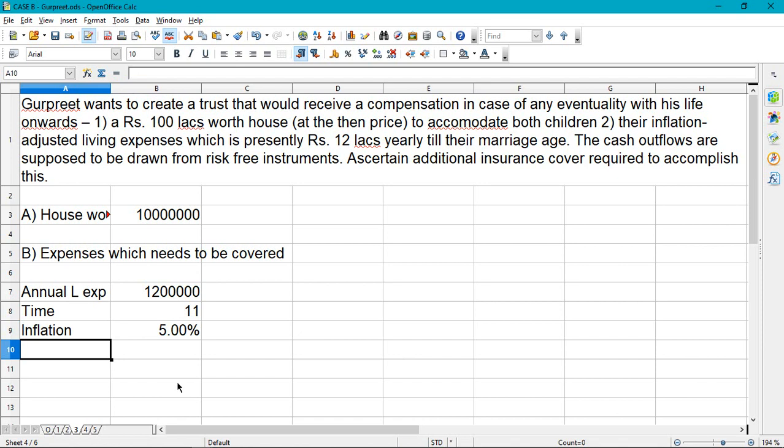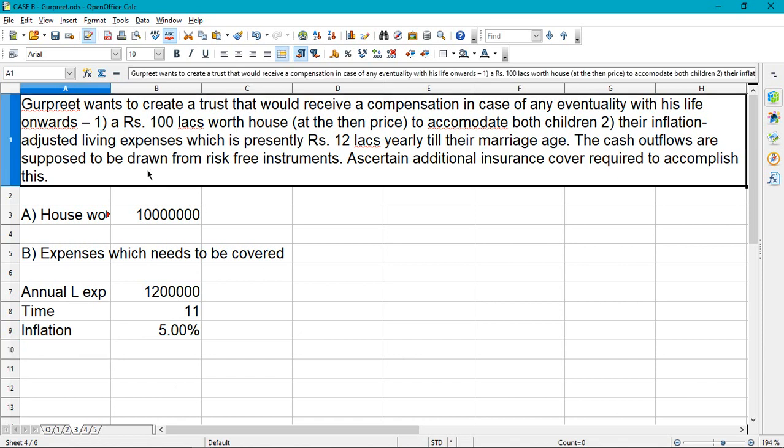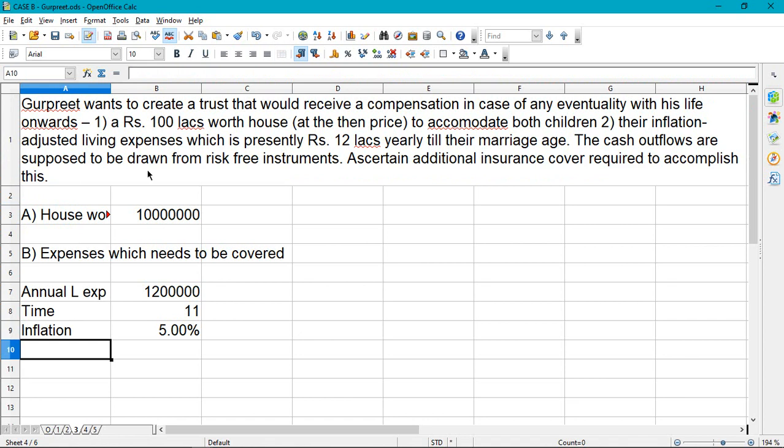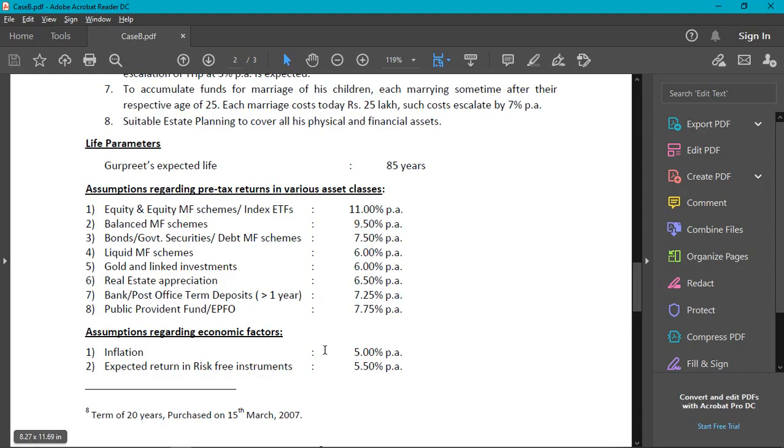And then it says that the amount of corpus they are getting from the insurance will be reinvested in risk-free instruments. So we have to take the risk-free rate, which is 5.5.